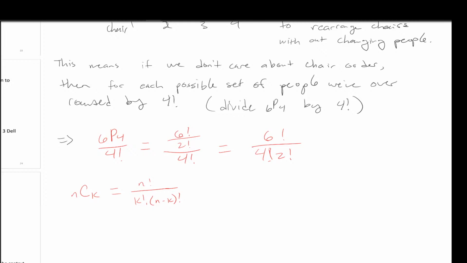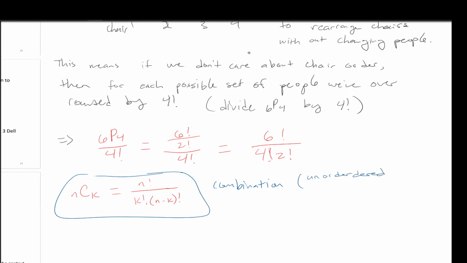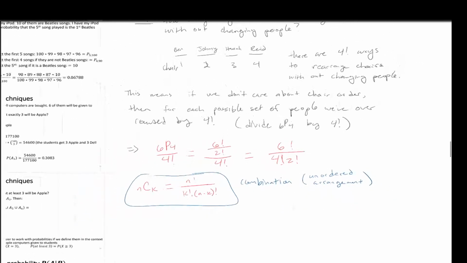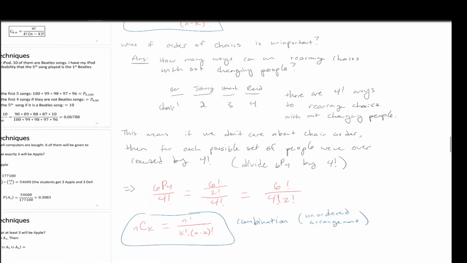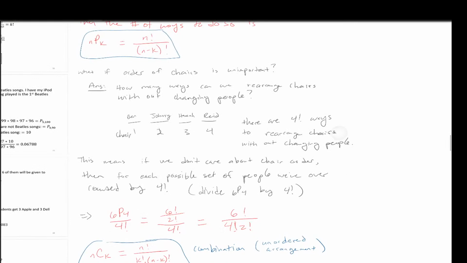This is what we call a combination, an unordered arrangement, whereas the permutation we had up here was an ordered arrangement.